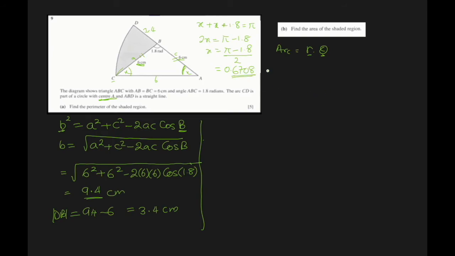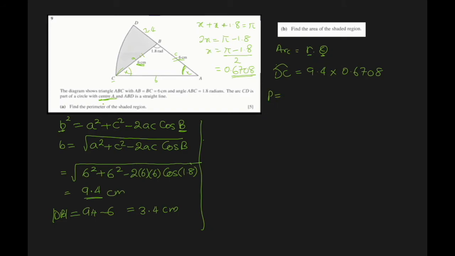So we know theta as well as r now. We can find the length of arc DC, which will be r, we just got it, 9.4 times the angle in radians, 0.6708. Now we'll find the perimeter.